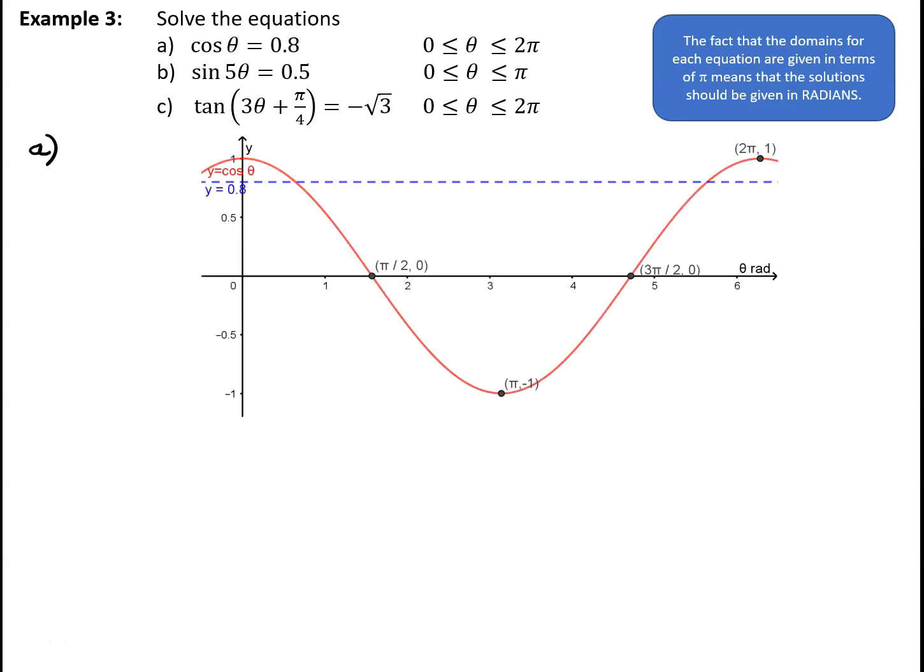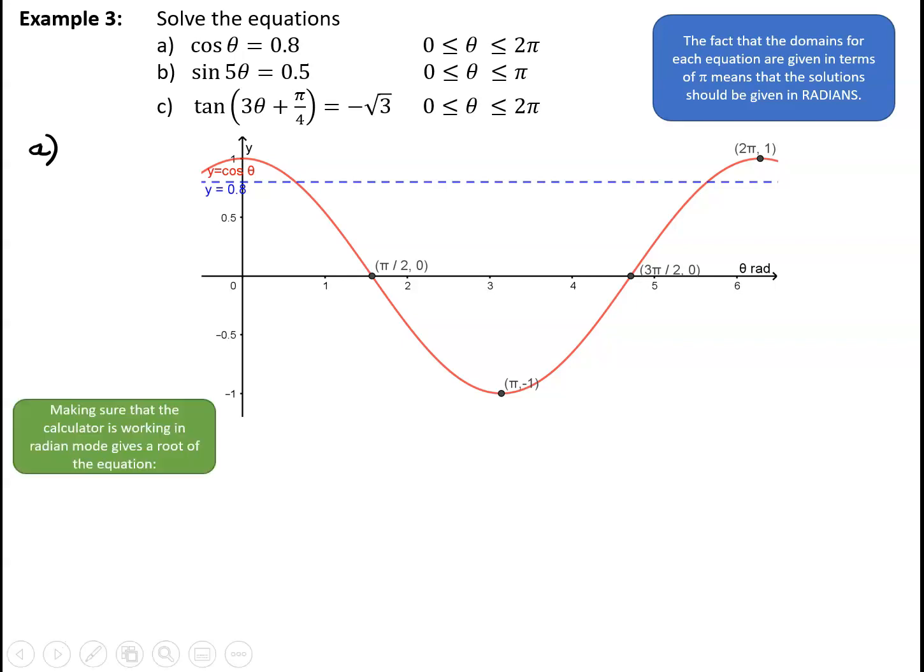We've put in a dotted line at roughly 0.8. We can obtain the first place where cos theta equals 0.8 by using the inverse cosine function, but we must make sure that we are working in radian mode if we wish the answers to be in radians.